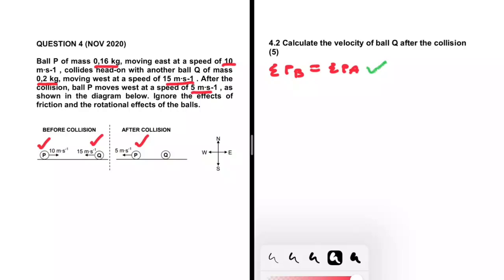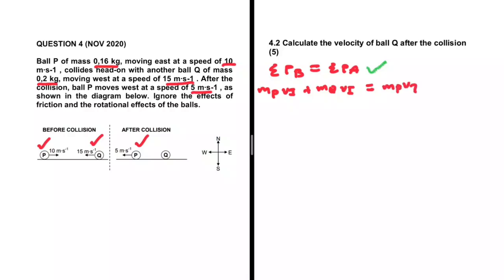So after these steps, then we can say, okay, we have two bodies. We have ball P and ball Q. So we're going to have MP multiplied by its initial velocity plus MQ multiplied by its initial velocity being equals to MP multiplied by its final velocity plus MQ multiplied by its final velocity.